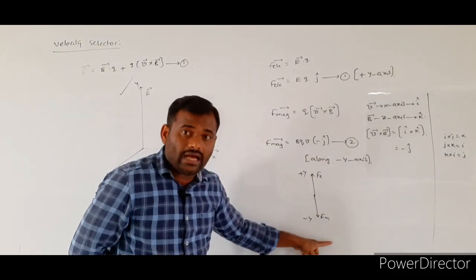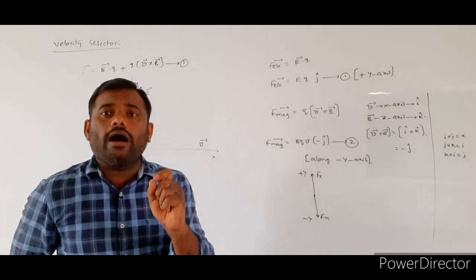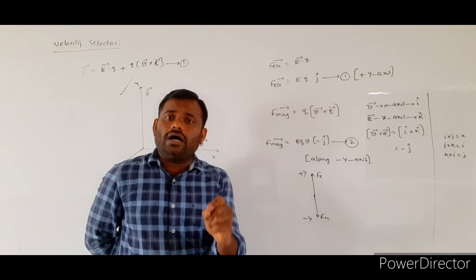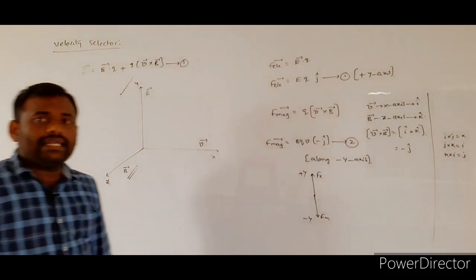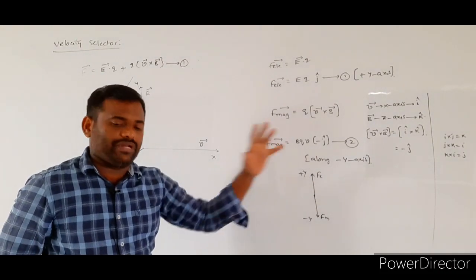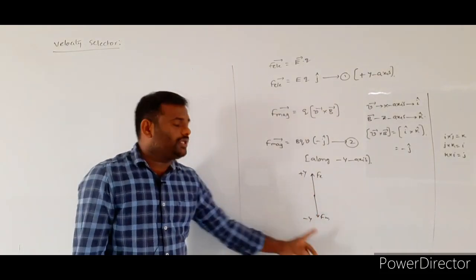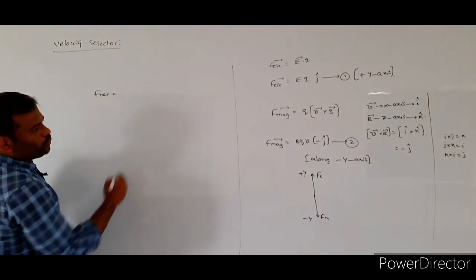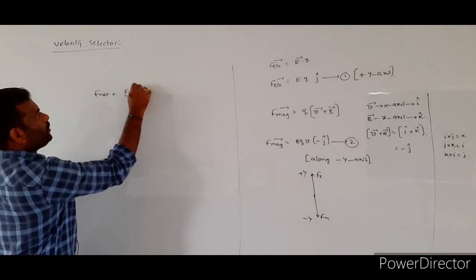If two vector quantities act in opposite directions, their resultant is given by their vector subtraction. So the net force is equal to EQ into J cap.